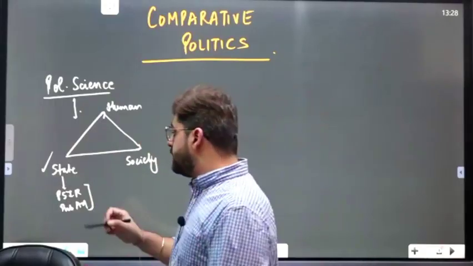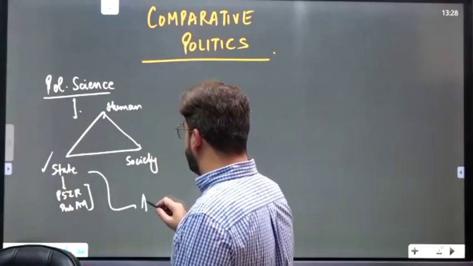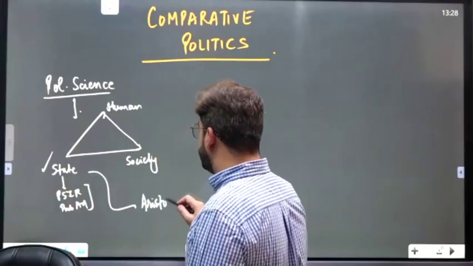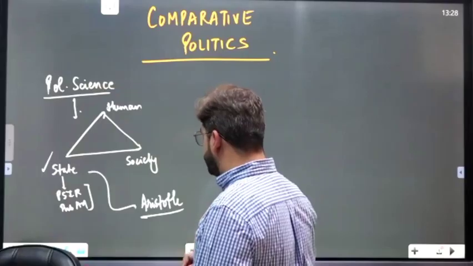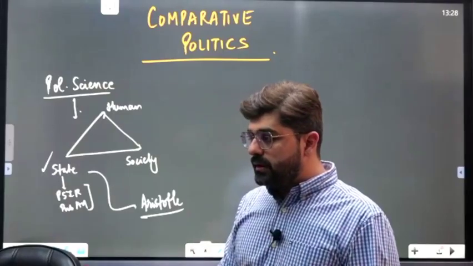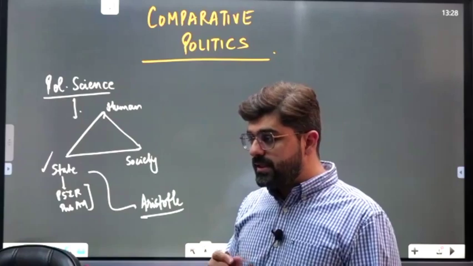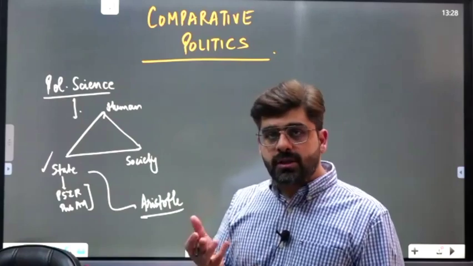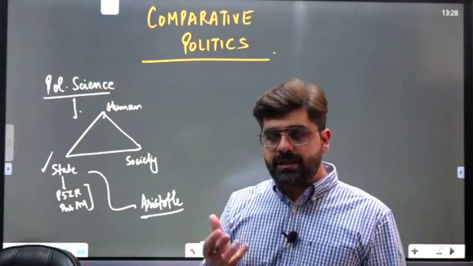Now, if you remember, we have talked about how Aristotle, who is called the father of political science, is also somebody who has given us those concepts which we use in present times.